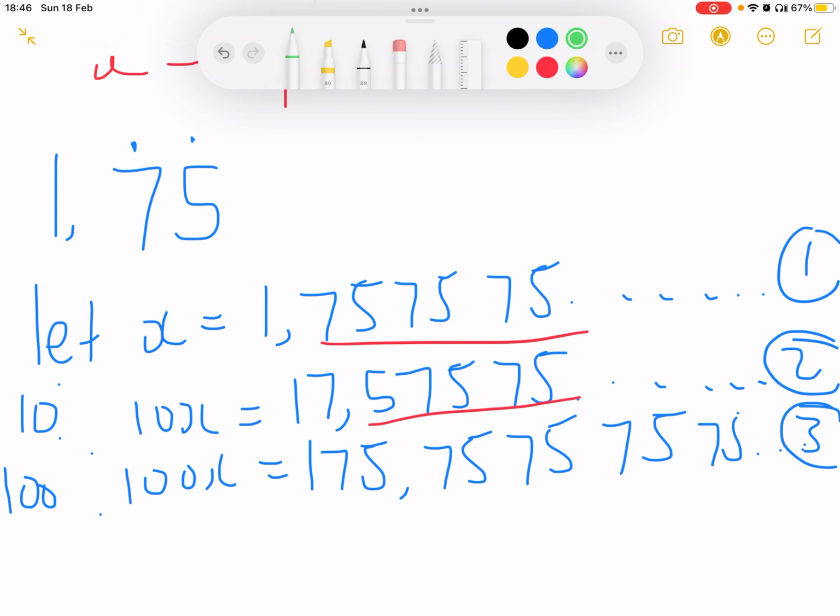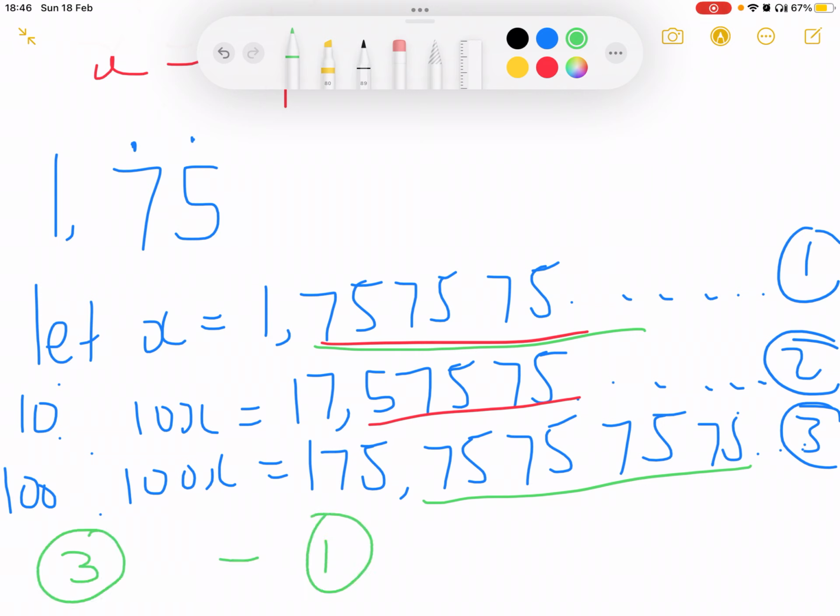This tells me that the decimals after the comma, 7575, are the same as these ones. So I'll consider equation 3 minus equation 1. Why? Because the decimals will disappear when subtracting, and we'll be left with the whole numbers 175 and 1.